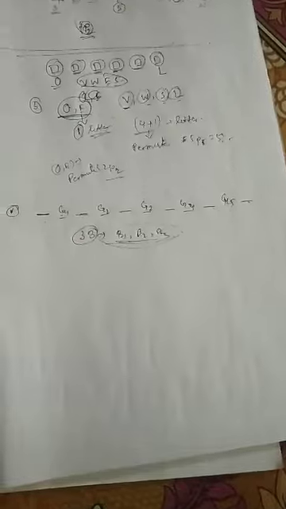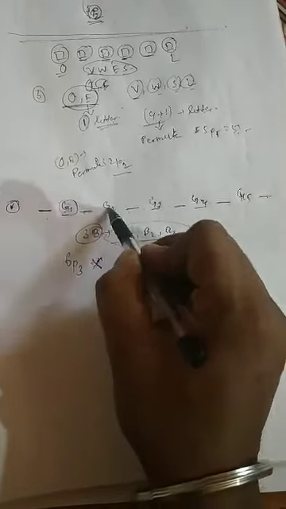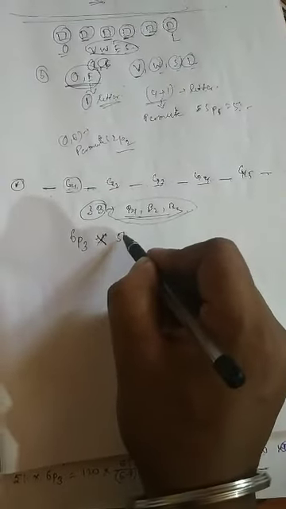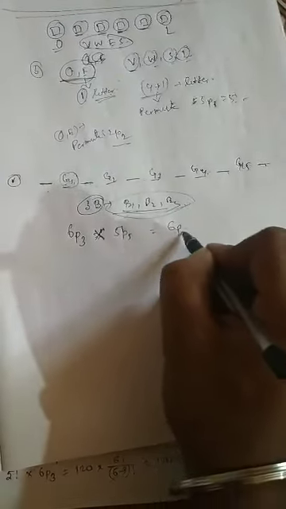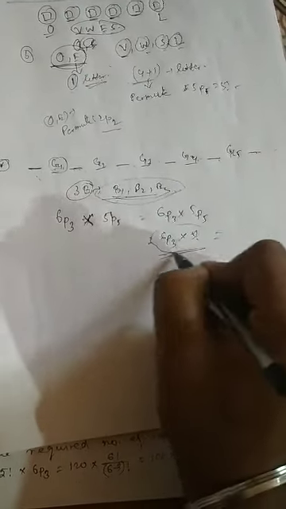So there are 6 places and 3 boys are given, so they can sit in 6P3 ways, right? In each of these 6P3 ways, the 5 girls can arrange themselves in 5 factorial ways, or 5P5, which is 5 factorial. So 6P3 into 5P5 equals 6P3 into 5 factorial, which after expanding will be the required value.